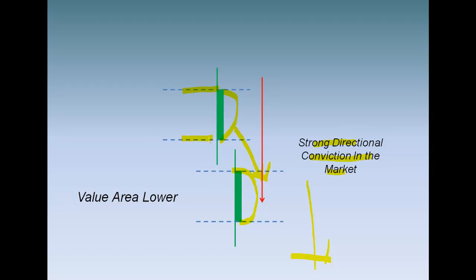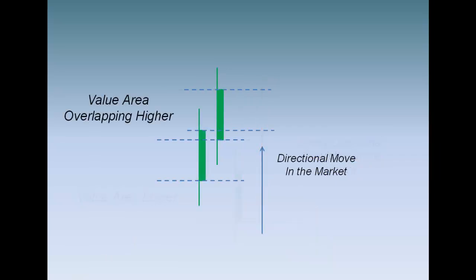Just by comparing the relative position of each of the value areas, we can also gain some insight into momentum in the market. Now, sometimes the value area will move a little bit higher, but we'll have an area that's sort of overlapping between the two.